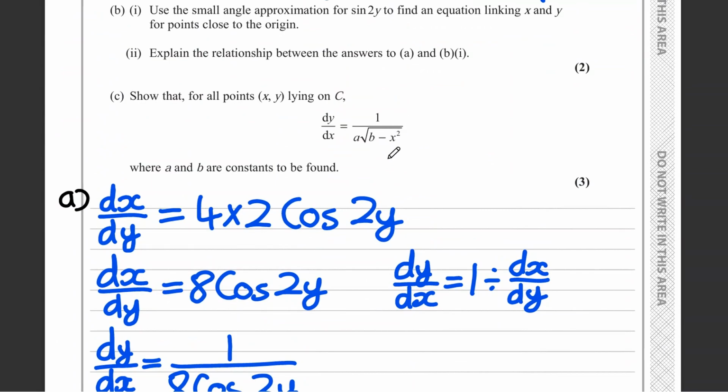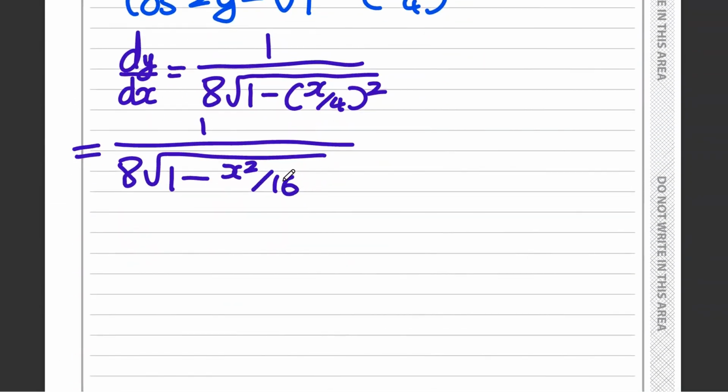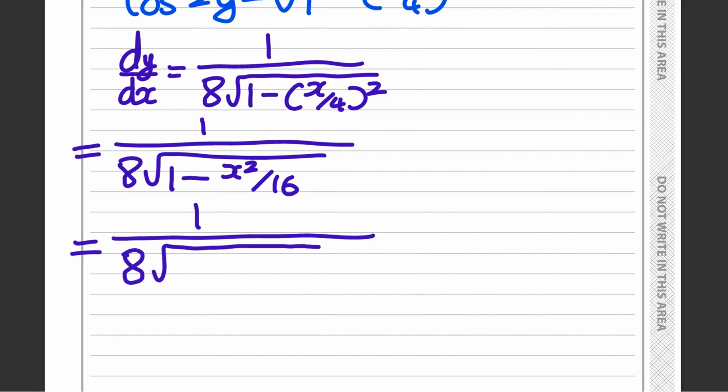We don't need a coefficient in front of the x squared, and at the moment we have this 16. So we're going to write this as 1 over 8 and then the square root, and then we're going to factorize 1 over 16 out of this function inside the square root to get rid of the 1 over 16 from this x squared. So it's going to be 1 over 16 like this.